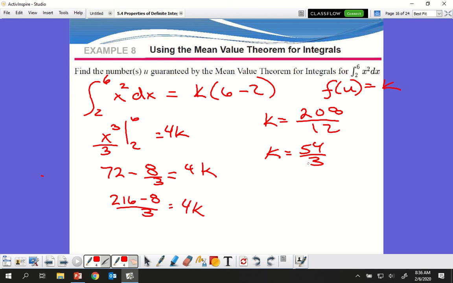So what is my f of u? Okay, so my function, what's my function? x squared. So I have x squared equals, which has to be equal to 54 over 3.